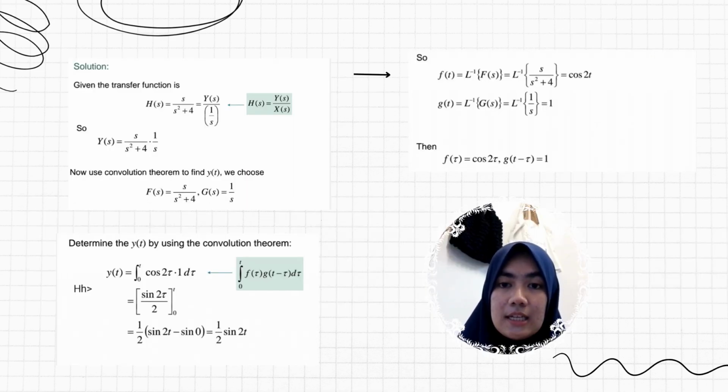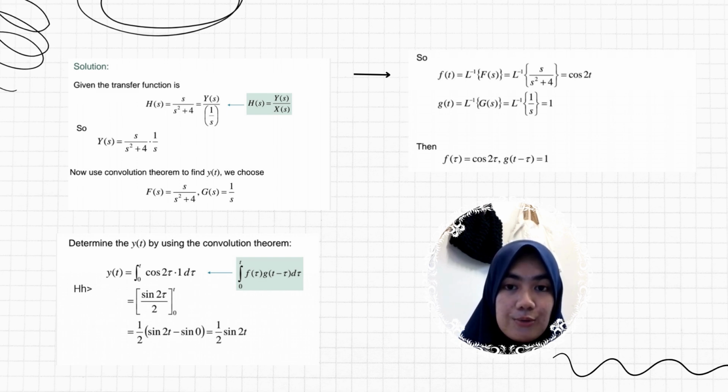So we take s over s squared plus 4 as H(s), and we use 1 over s as the input value. We change the value by the formula. So Y(s) equals s over s squared plus 4, multiplied by 1 over s.